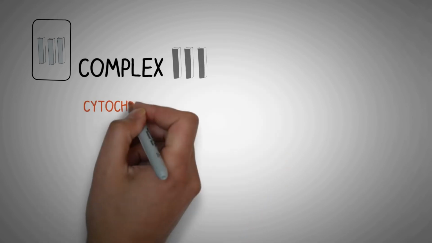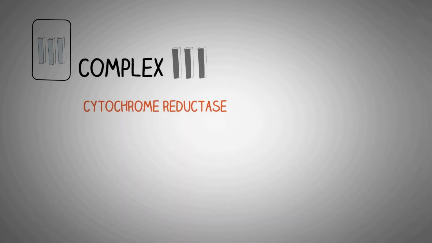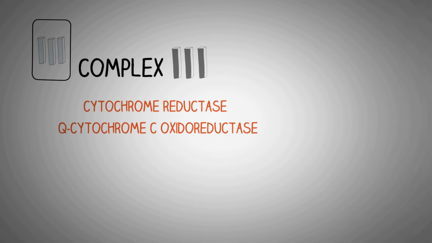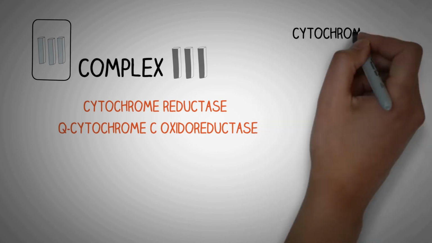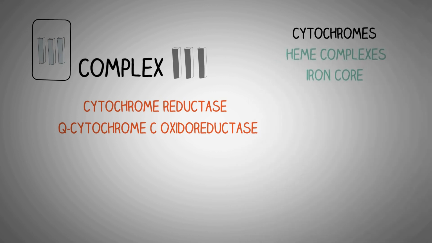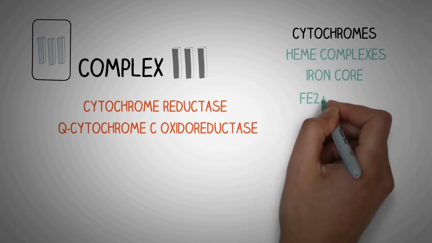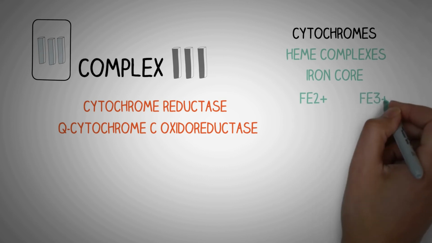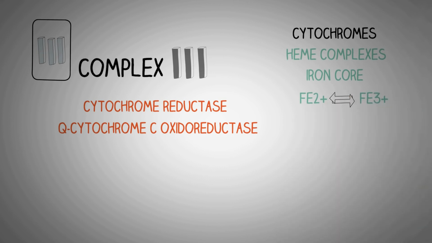The complex 3 of the electron transport chain is called the cytochrome reductase. It is also known as the Q-cytochrome C oxidoreductase. Cytochromes are a group of proteins which have heme as their prosthetic groups. They also have an iron core in which the iron can exist in an oxidized or reduced form depending on the electrons it has.